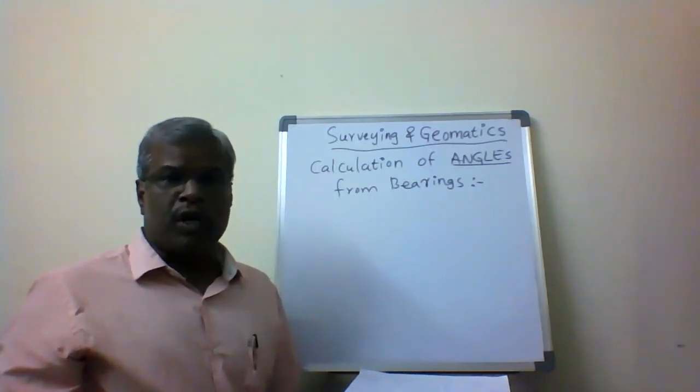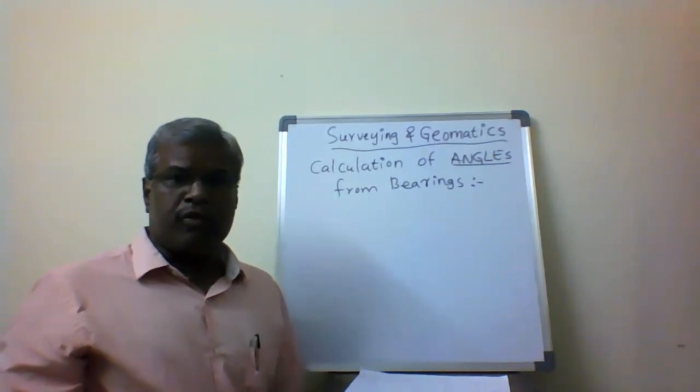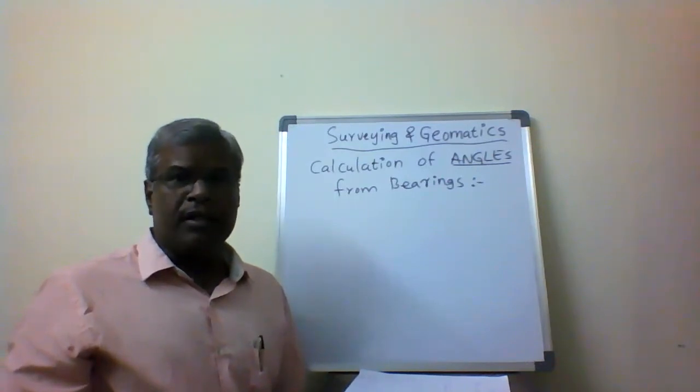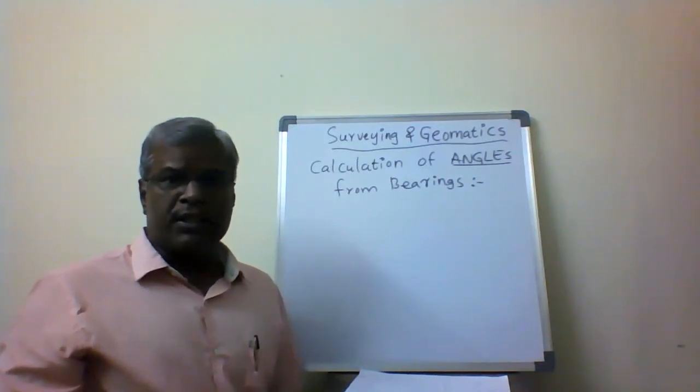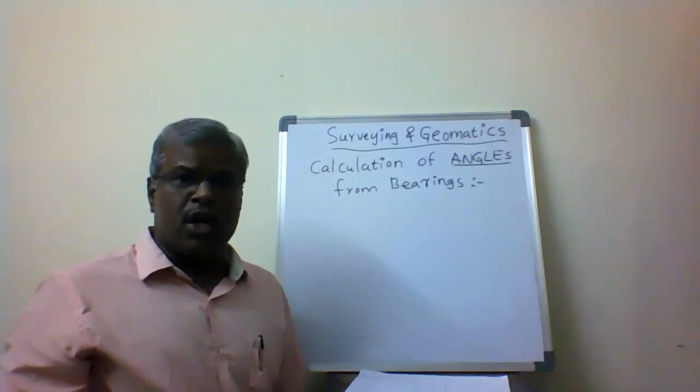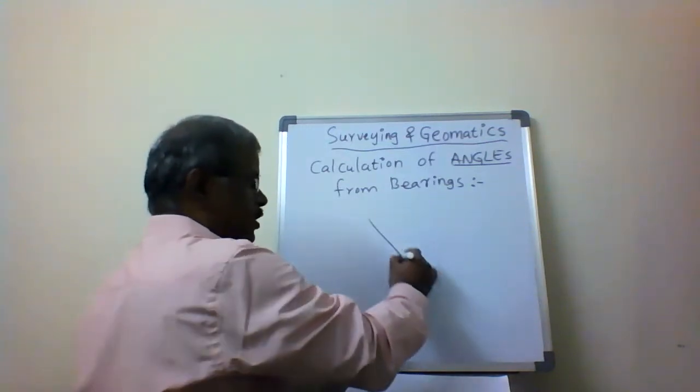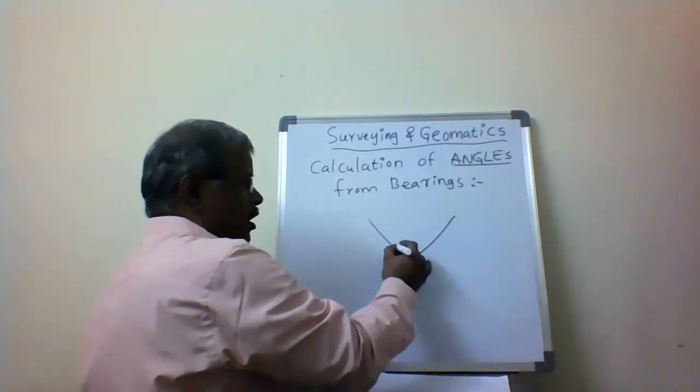Once you know the forward bearing and backward bearing of a line, we can calculate the angles. The angle is called the included angle between two straight lines, that is, two directions. This is one direction, this is another direction of a line.